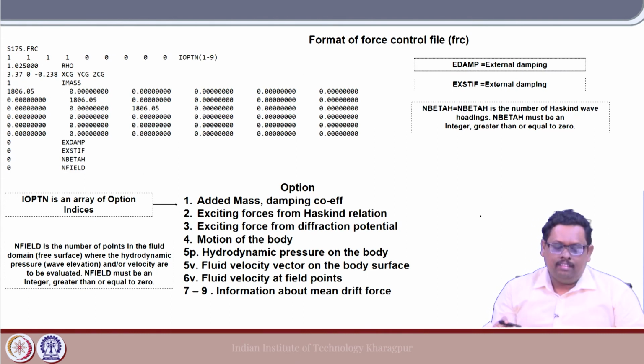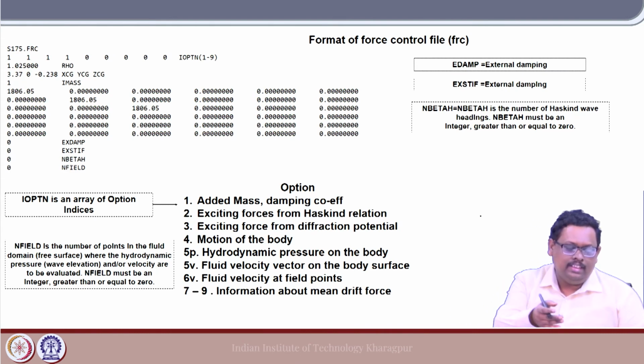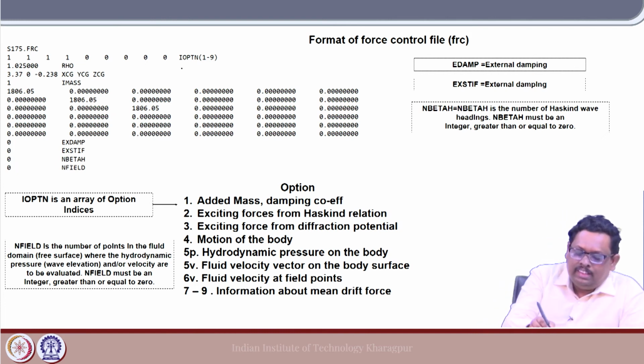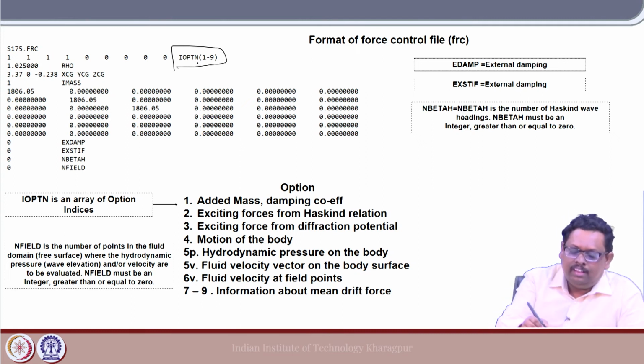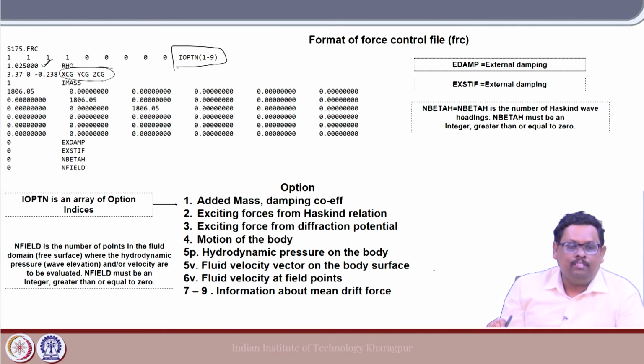Okay. So, this is the format of the POT file, and this is the format of the FRC file. One important thing here is this IOPTN, the option file. And this is the row you can define over here, where you have to find out the CG location of the body, and this is the mass matrix, right.